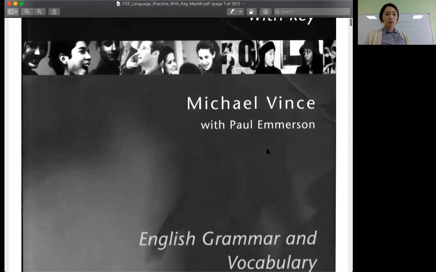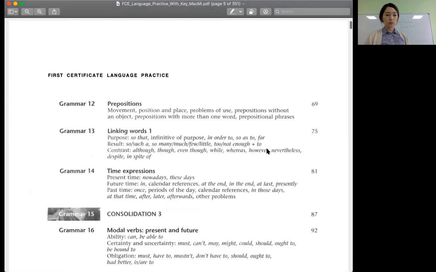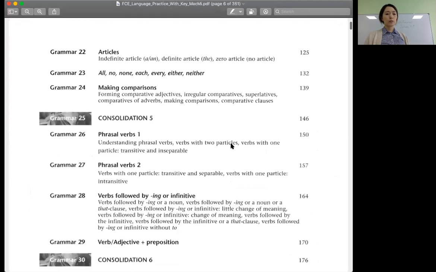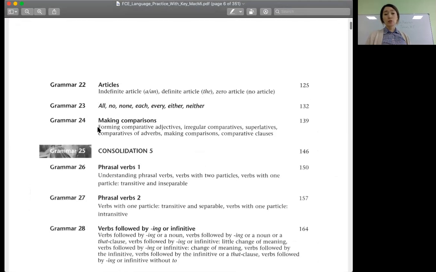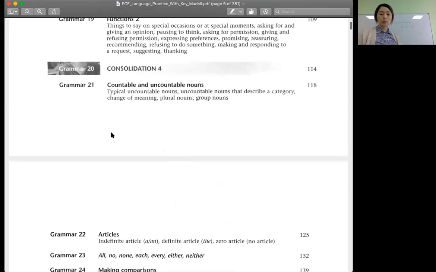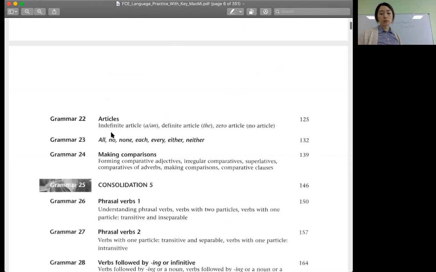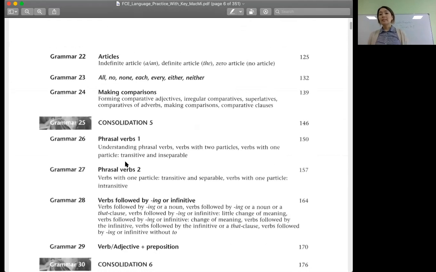Okay. 25, 26. 25 is a consolidation unit. It means that it has many topics combined into one big set of exercises. And those topics are all previous topics like nouns, articles, and comparison. And unit 26 is actually a new topic, phrasal verbs.